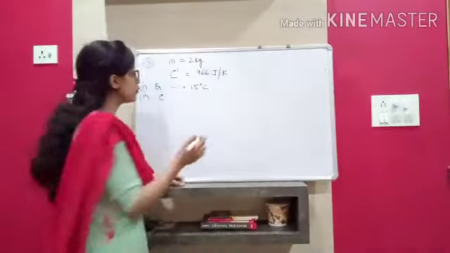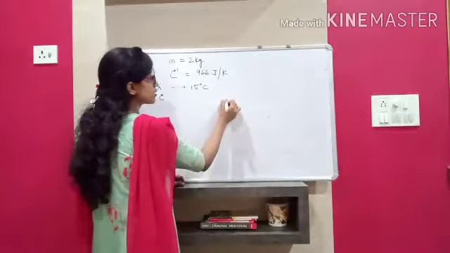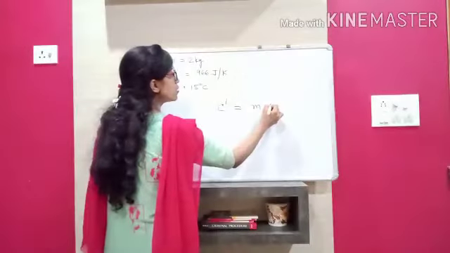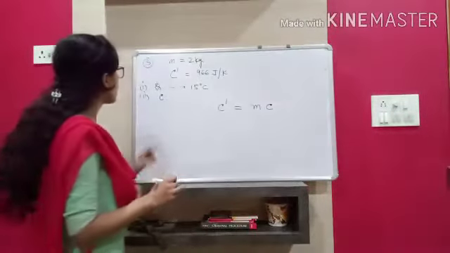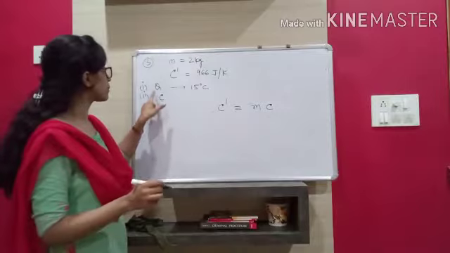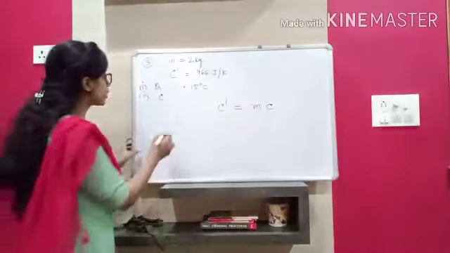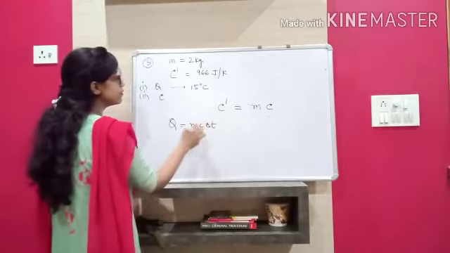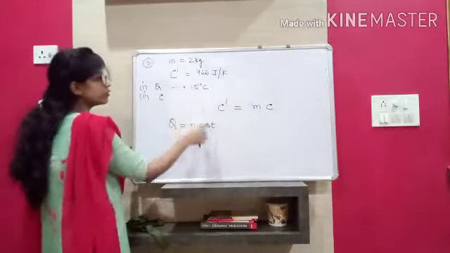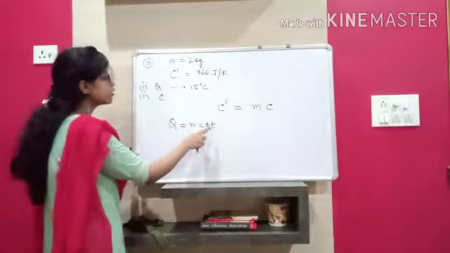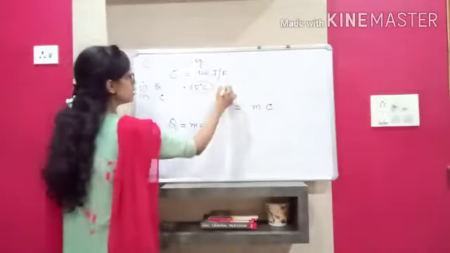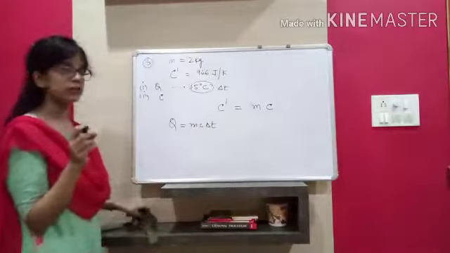We know that heat capacity, that is C dash, is m into specific heat capacity, and we have to calculate specific heat capacity and Q also. How to calculate Q? We know the formula for Q is mc delta T. We should know m, given; c, not given; delta T, given. That means first we have to calculate the specific heat.